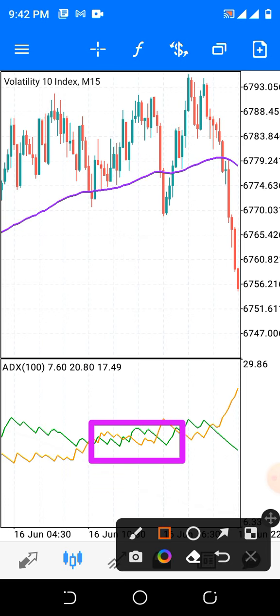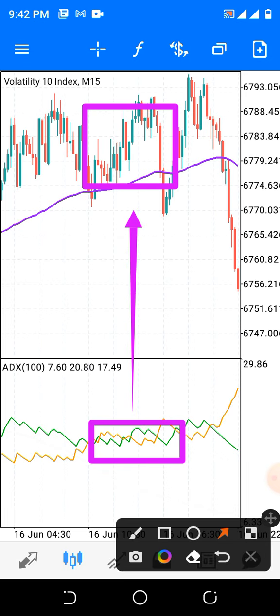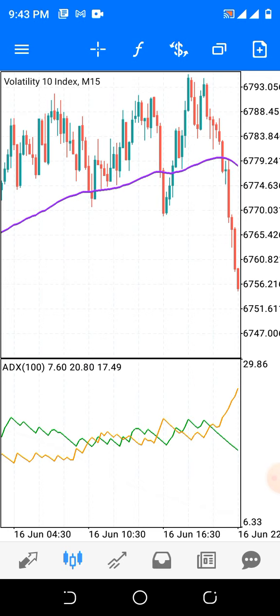What it shows is that the market is ranging. Whenever you see the ADX lines twisting each other, it shows that the market is ranging. So at this point, the market is ranging, so I don't take any trade here.